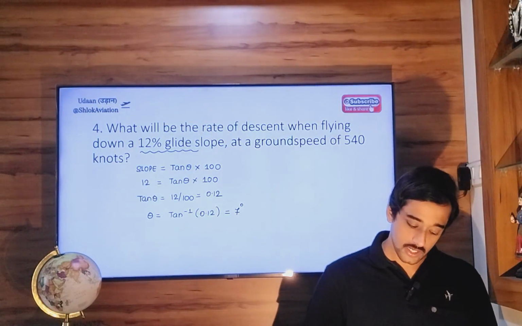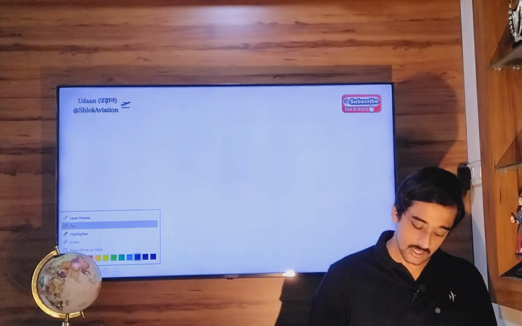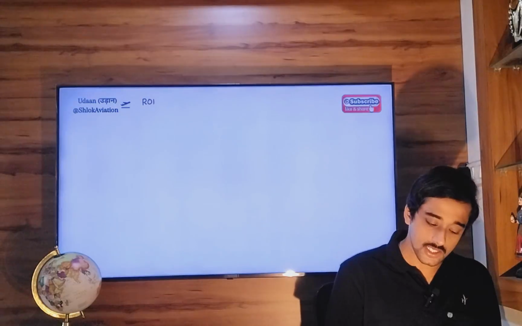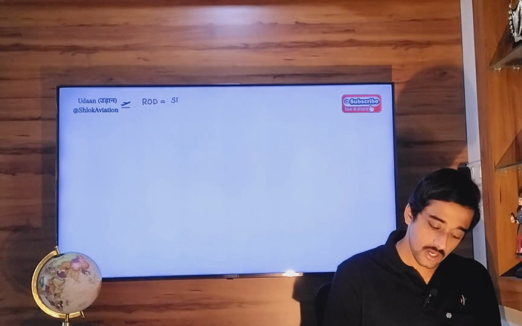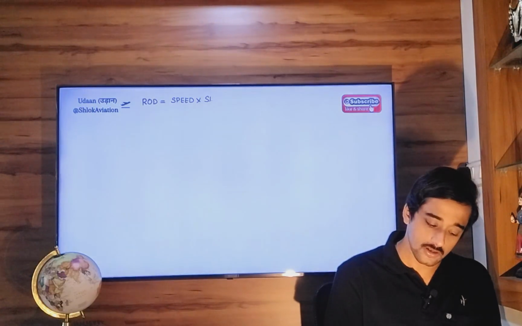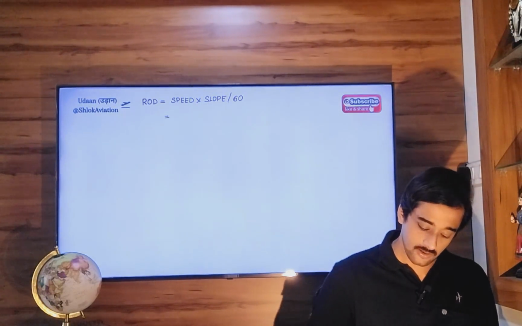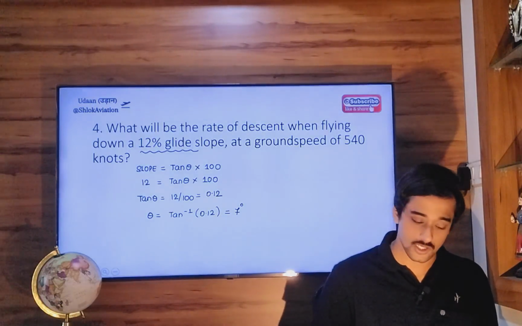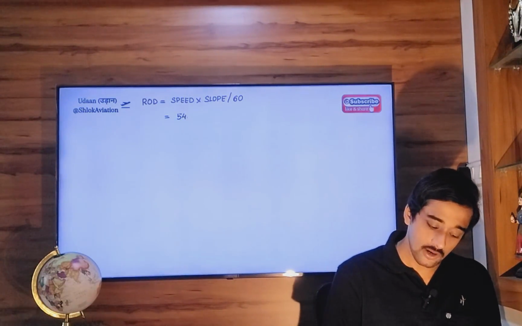So the glide slope is very steep, 7 degrees. And now ground speed is 540 knots. Step 2: rate of descent equals speed in terms of feet per minute multiplied by slope divided by 60. So what is the speed given in the question? It's 540 knots. Be careful, it's 540 knots.